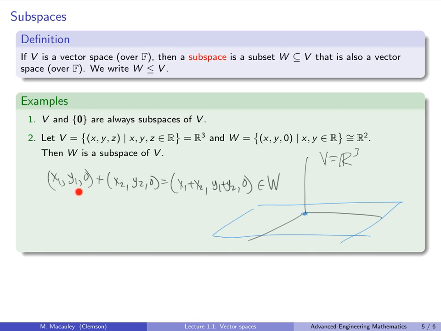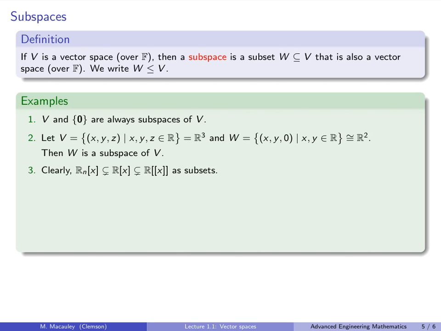So the sum of these two vectors lies in W. And also, if you take x, y, 0, and you multiply by c, you get cx, cy, 0, and that lies in W as well.